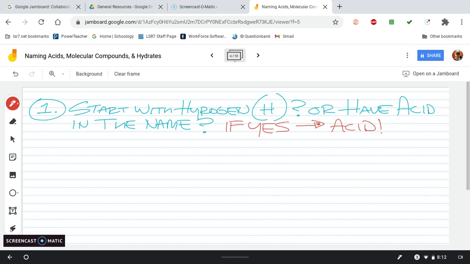Okay. Number 2. Got a different color. Number 2. Does it contain a dot and then a number and then H2O, or have hydrate in the name?